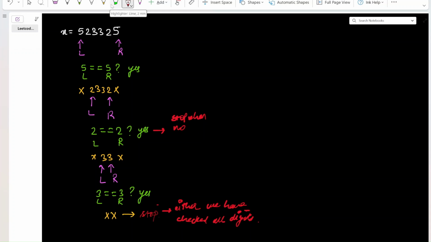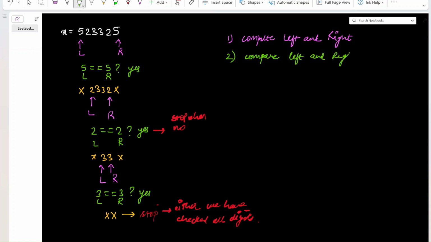So if we try to map out the algorithm as to what we are doing, the first step is to compute left and right. As soon as you do that, now that you've got left and right, we compare left and right.